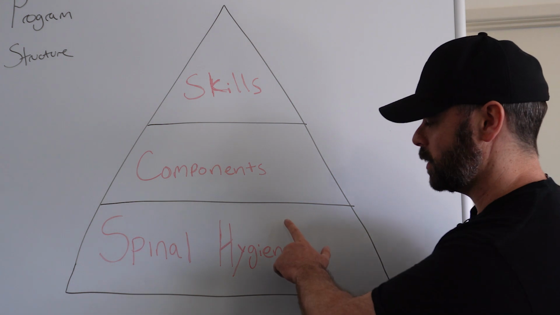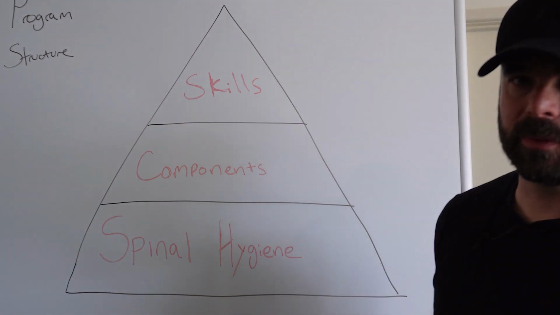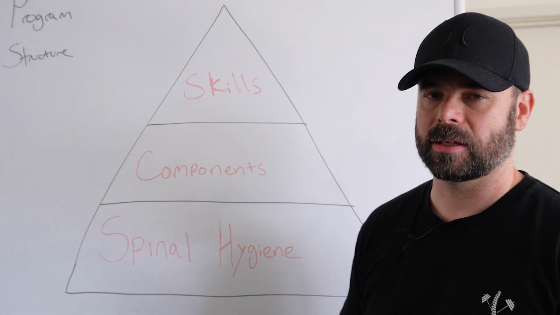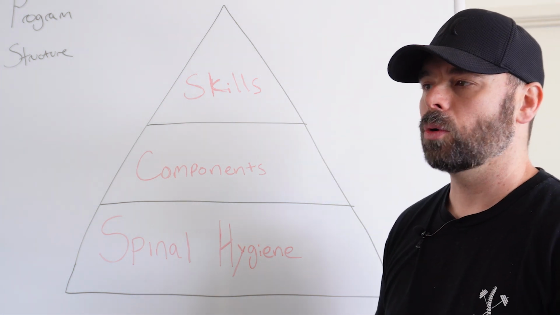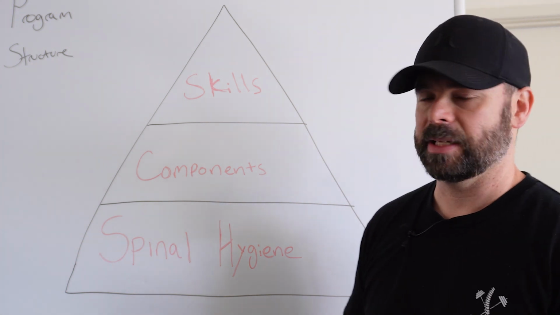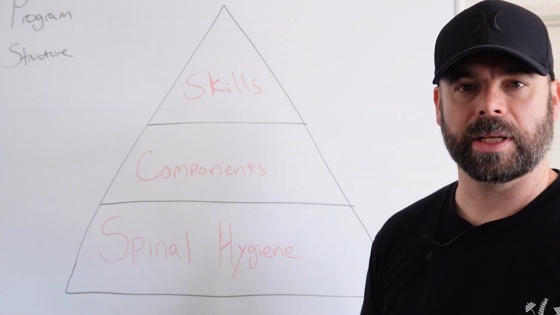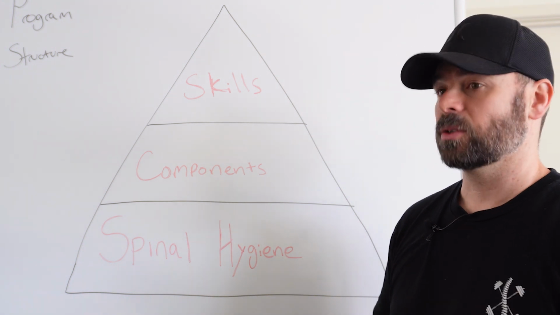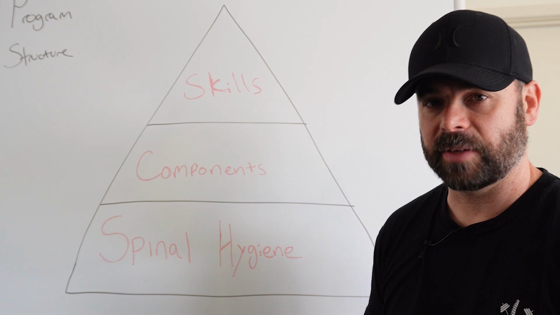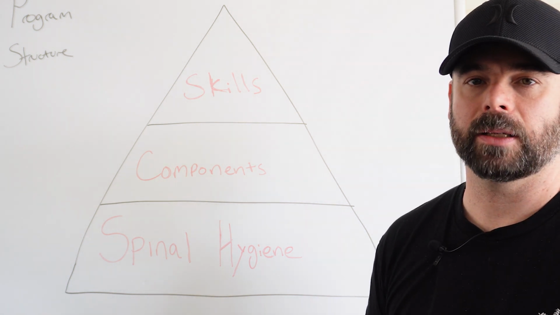So first and foremost, the spinal hygiene level. Here we're talking about avoiding your back pain aggravators, the things that sensitize your back to pain or are causing the structural damage. For example, let's say you have a disc protrusion, which could be a bulge or a herniation. We know that's caused by flexion, and we test you and find that compressed flexion sensitizes your back to pain.